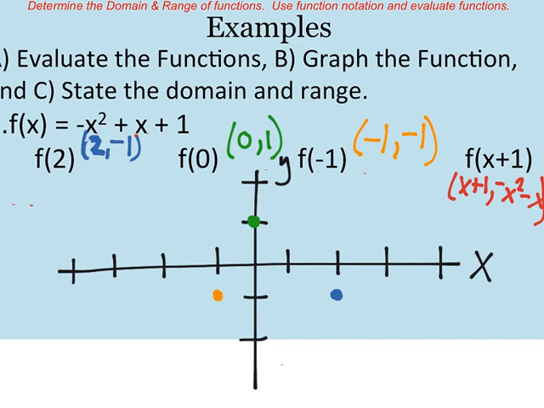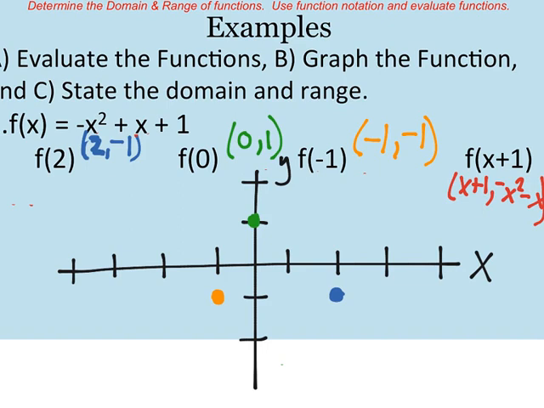And then I went and graphed my points, positive 2, negative 1 is here in blue. 0 on my x-axis, 1 for the y-axis is here in green. And then negative 1 on the x-axis and then down 1 or negative 1 on the y-axis, and here we are in orange.